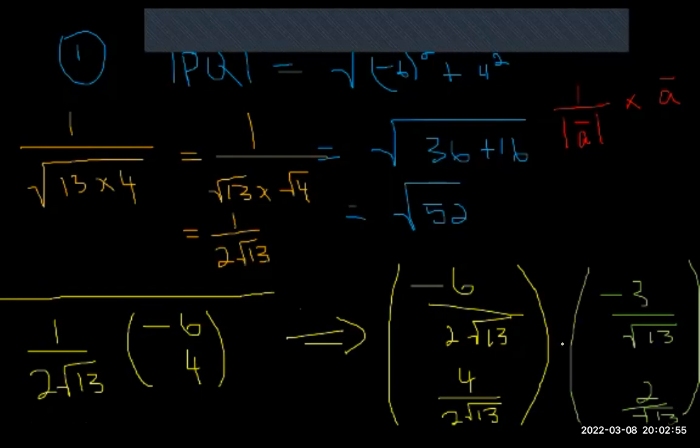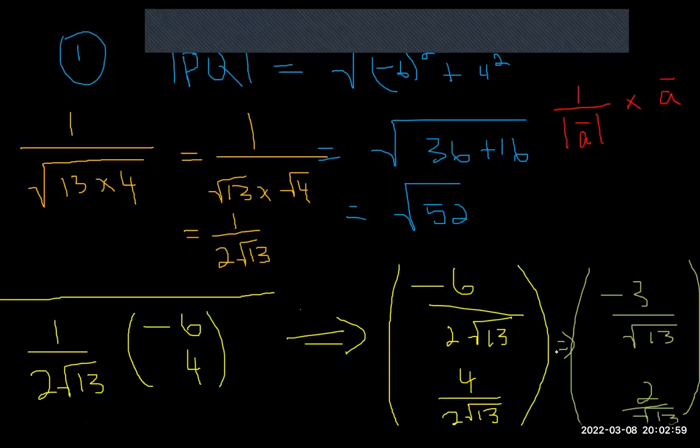So, do you understand that? This is the final answer in green: minus 3 on root 13 and 2 on root 13. Are you good with that?